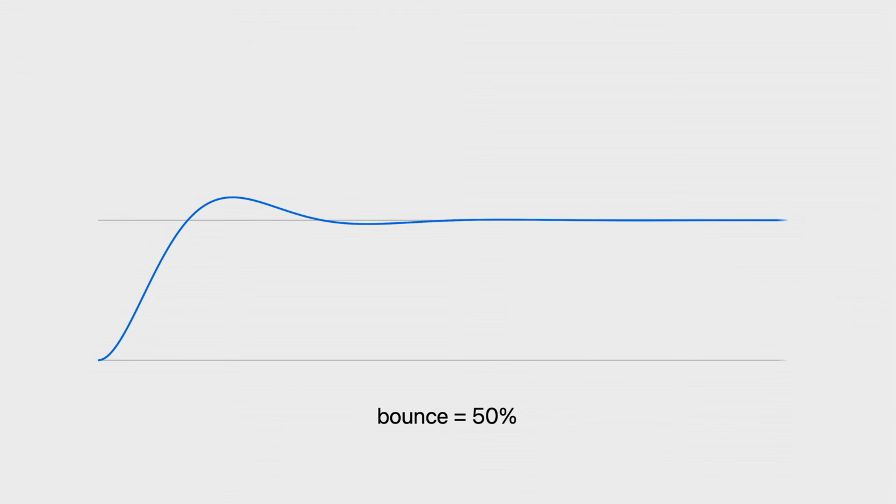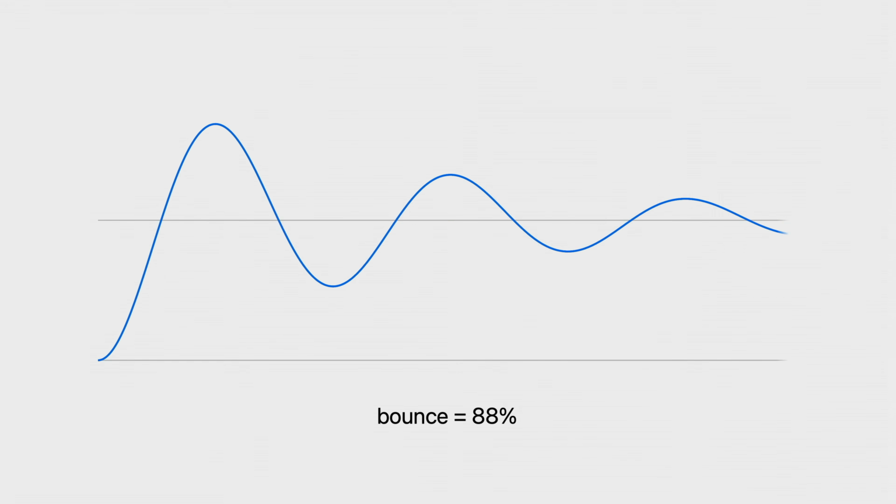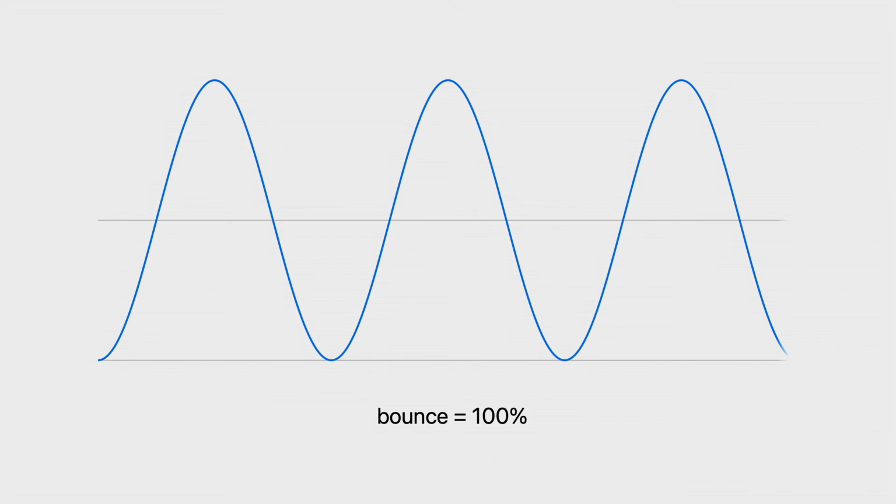So let's start with a bouncy curve. You may notice that this overshooting of this spring oscillates like a more complicated kind of sine or cosine wave. And if we take the bounce of this spring up to its maximum value of 100%, you can see that it's now exactly the behavior of a cosine wave, just oscillating back and forth.